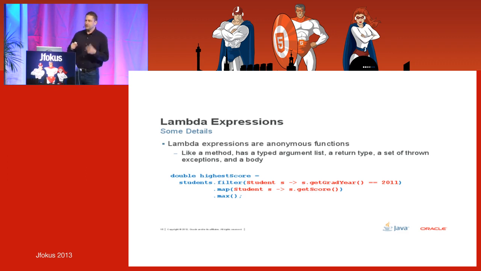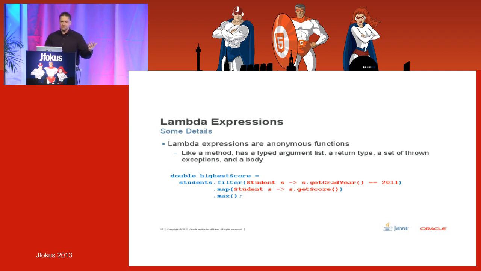If you think about the example, we had the idea of evaluating whether the graduation year of a student was 2011, but there wasn't an explicit return of that. So the fact that we executed that and that generated a Boolean, the compiler would infer from that that the return type of this anonymous function was going to be a Boolean.